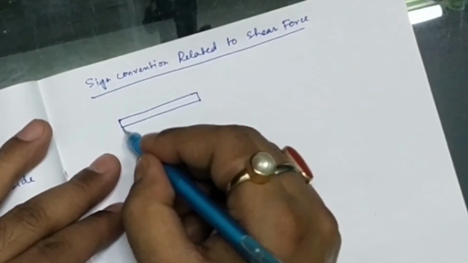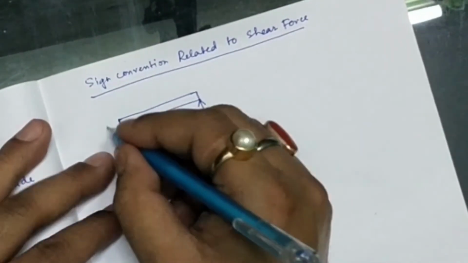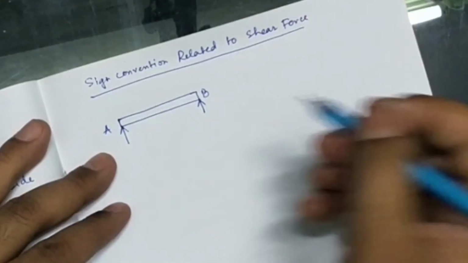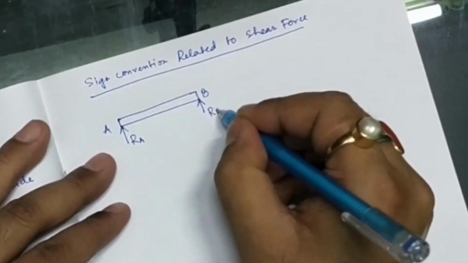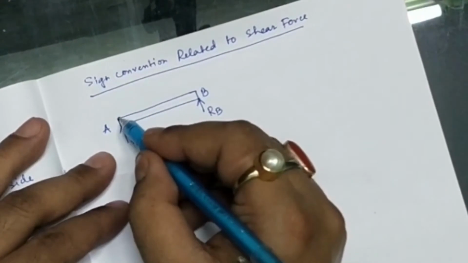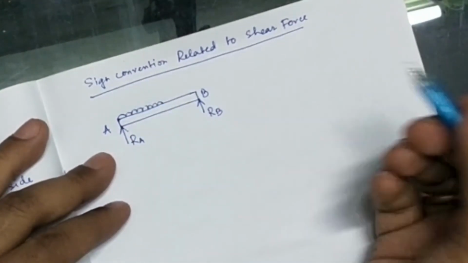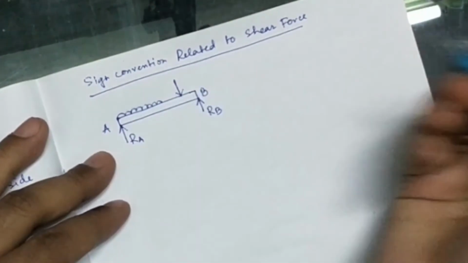Suppose we have got a support here, we have got a support reaction here also. This is point A, this is point B, this is RA and this is RB. Suppose we have got a uniformly distributed load here like this, and suppose we have got a point load acting at this point also.